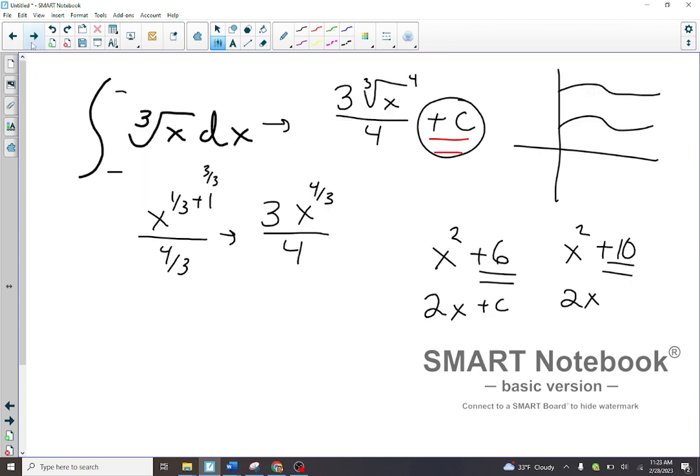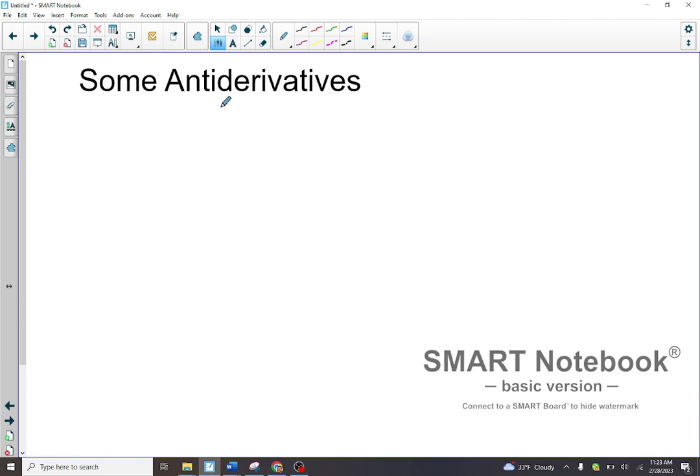All right, some antiderivatives are not typical, like just the power rule. If you get 1 over x squared, you would rewrite that as x to the negative 2 power. Then you would do the plus 1 divided by the new number, which is negative 1, which you would rewrite as negative 1 over x.